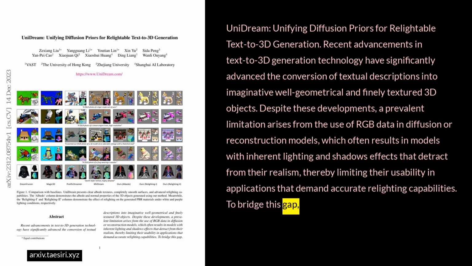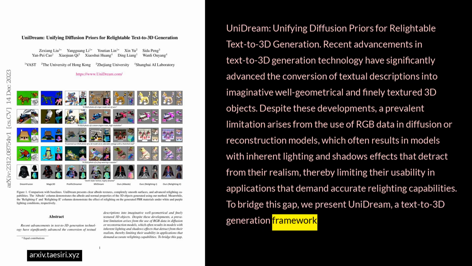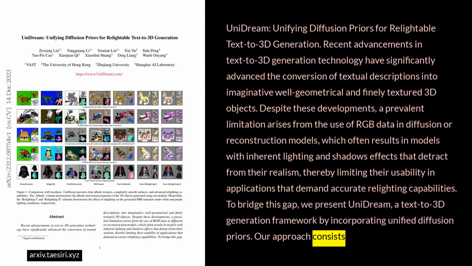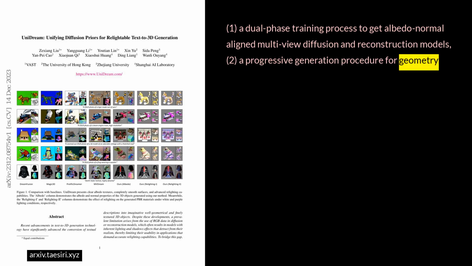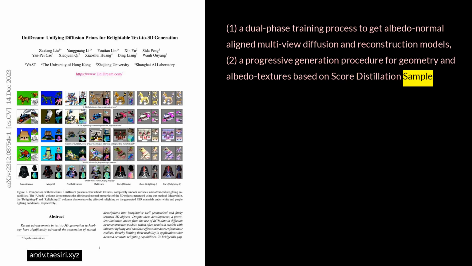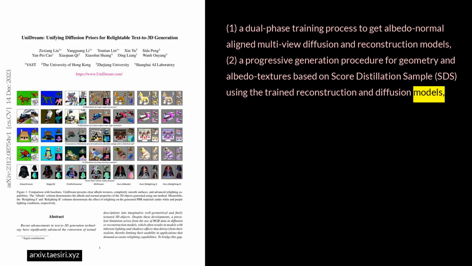To bridge this gap, we present UniDream, a text-to-3D generation framework incorporating unified diffusion priors. Our approach consists of 3 main components. 1. A dual-phase training process to get albedo-normal-aligned multi-view diffusion and reconstruction models. 2. A progressive generation procedure for geometry and albedo textures based on score distillation sampling, SDS, using the trained reconstruction and diffusion models, and 3.